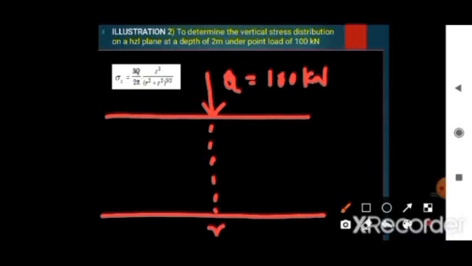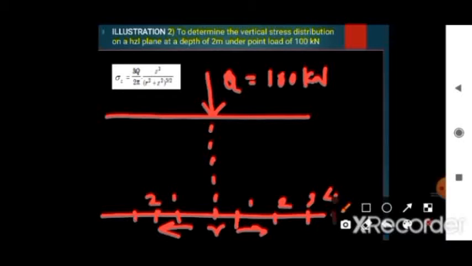This is going to be the R value, and here you have to mention 0, the origin. This is 1 meter, this is 2 meter, this is 3 meter, this is 4 meter. It is also symmetrical about the vertical axis, so 1, 2, 3, 4 on the left hand side as well as the right hand side.